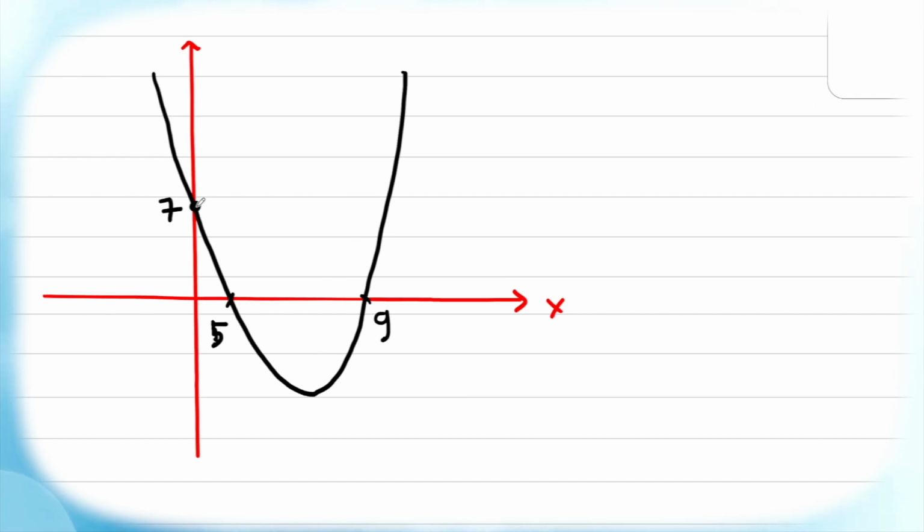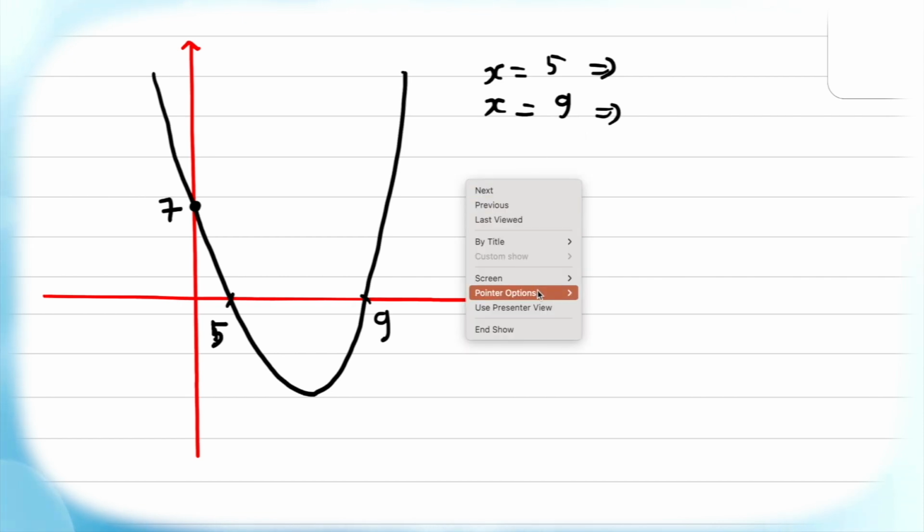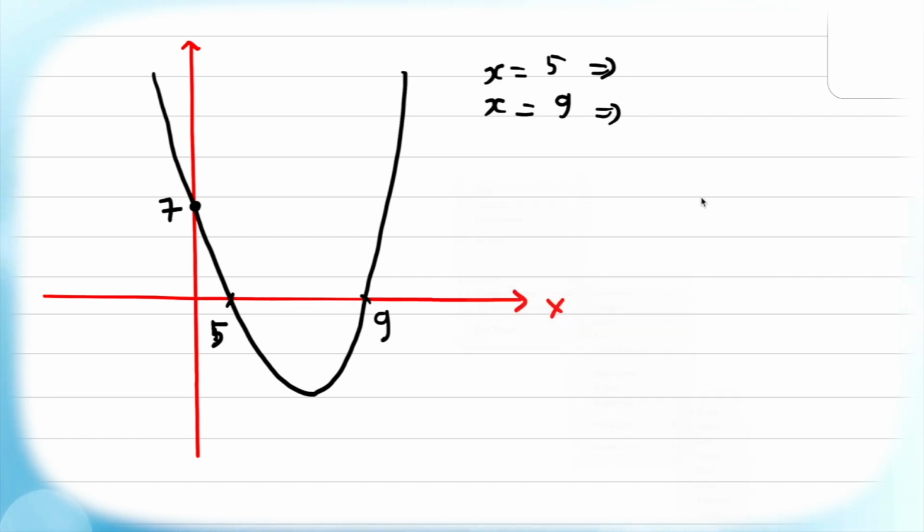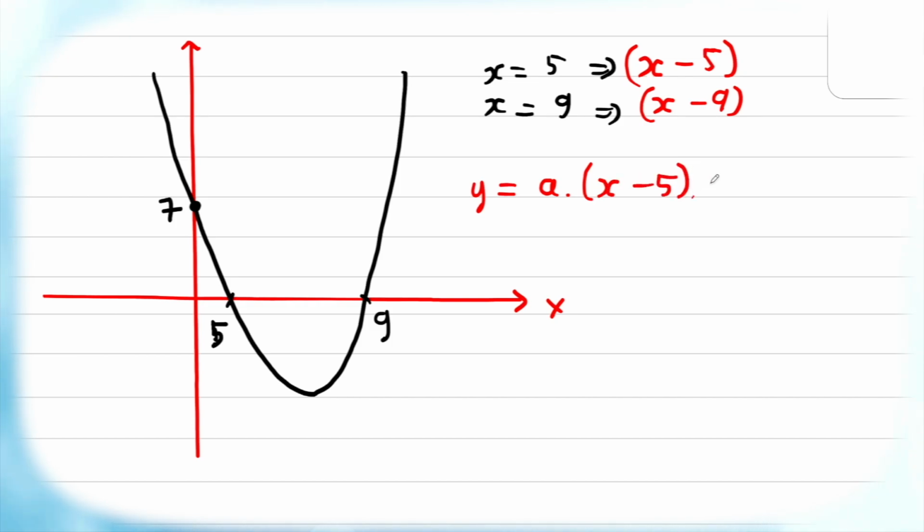The next one, you got the y-intercept here. You got here is 5, x equal to 5 and x equal to 9. I think I should change the color here, red. Yes, x minus 5 and x minus 9 will be the brackets, so you got the form here will be x minus 5 and x minus 9 now.